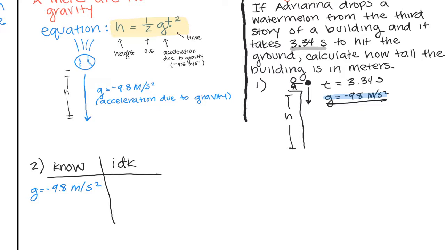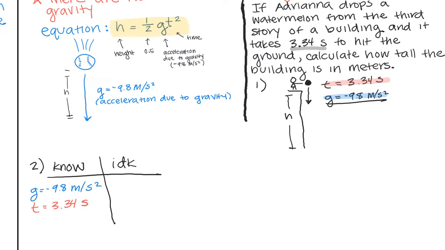We also know that the time that it takes for the watermelon to fall from the top of the building to the bottom and hit the ground is 3.34 seconds. So I can write T is equal to 3.34 seconds.